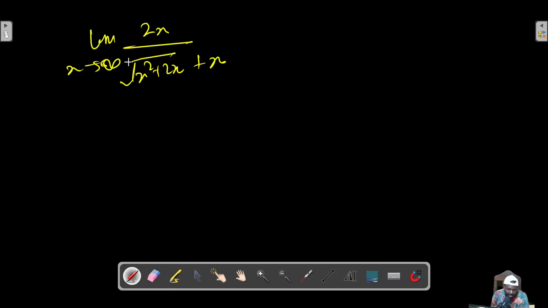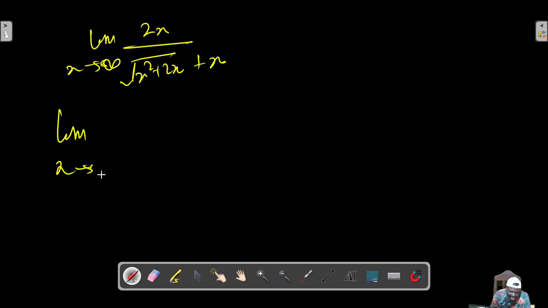As I said, you factorize out a variable from here. You do the same for this one, such that both variables in the numerator and the denominator will cancel out, leaving behind expressions such that when x approaching infinity is substituted into it, you don't end up with an indeterminate form. So let us do that for this one.